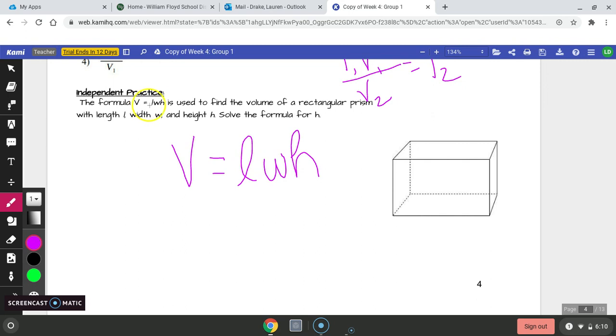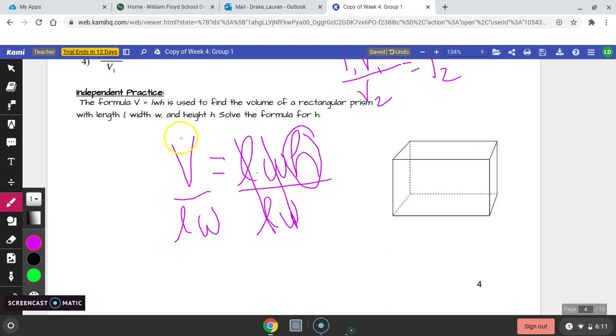This is an L, not a 1, because the volume of a rectangular prism is length times width times height. I'm trying to get H by itself, so I hope what you did is you realized this was all multiplication and you just divided both sides by L and W. They cancel, and I can't actually do the division, so this is my final answer. I'm just going to rewrite it to say H equals V over L W, and that's it.